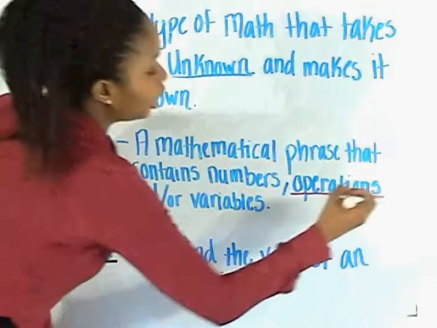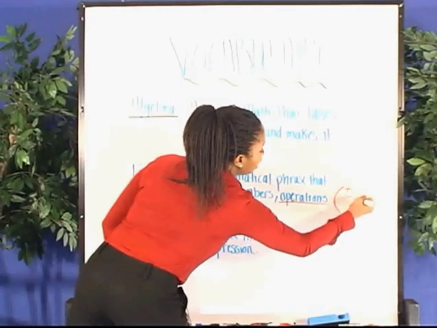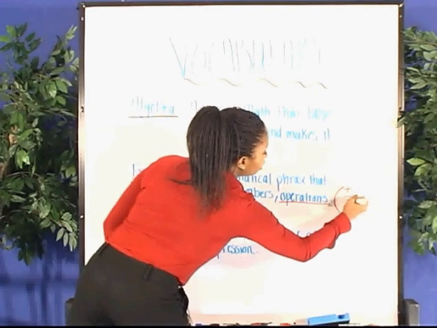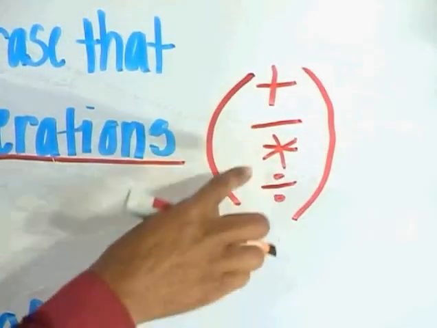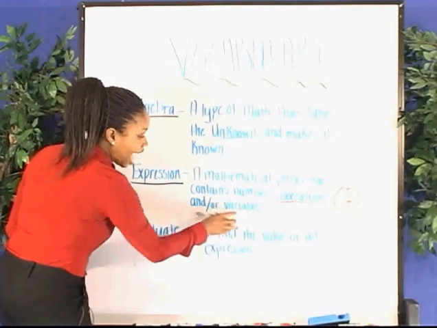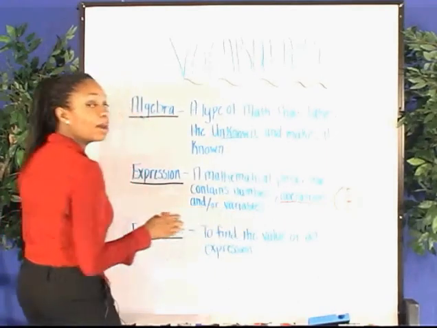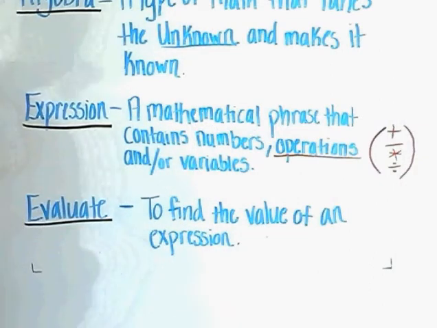Operations are simply adding, subtracting, multiplying, or dividing. So an expression contains either addition, subtraction, multiplication, or division, and or variables. It doesn't have to contain variables, but it can. And remember, variables are symbols. In algebra, you'll normally see those as letters.